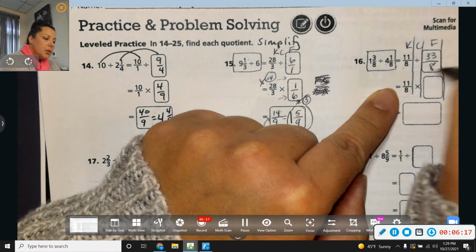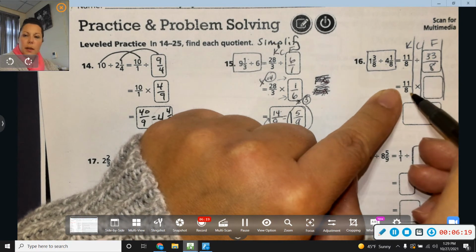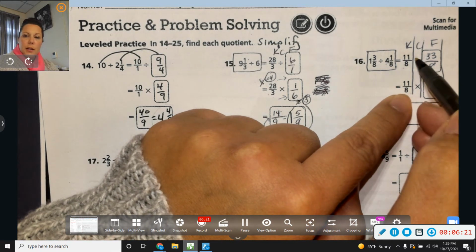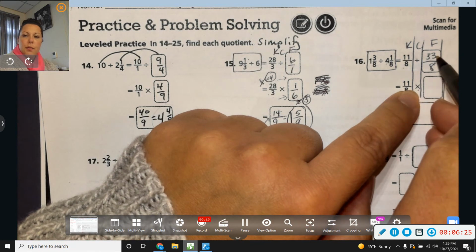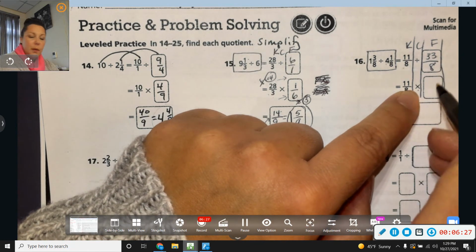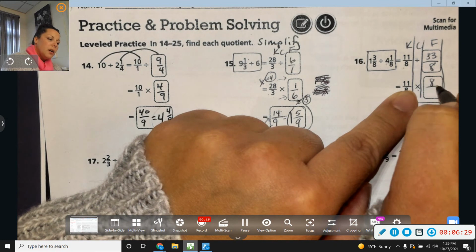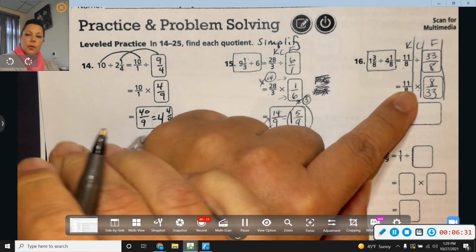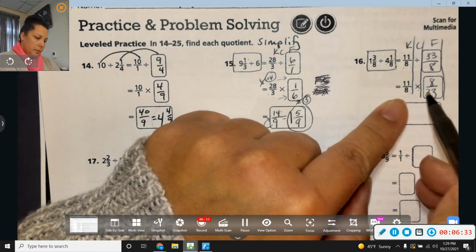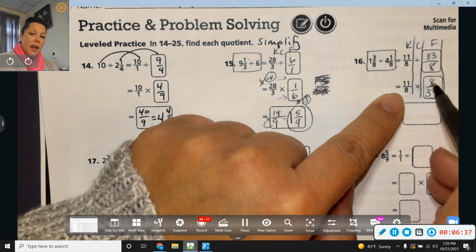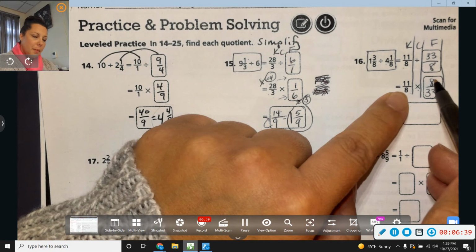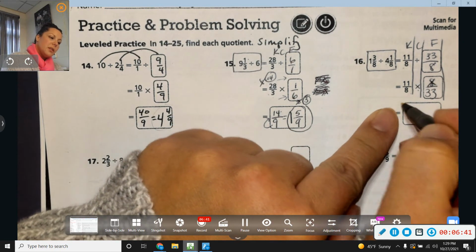Okay, keep, change, flip. So I keep my 11 over 8, I change my symbol to times, and I flip my number, or get my reciprocal, is what it's called, 8 over 33. This is the step where I can reduce. I love, love, love it when this happens because my 8s are the same.